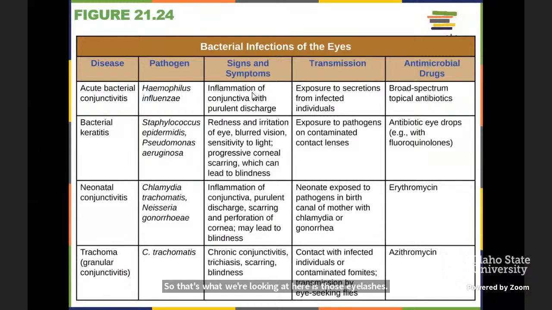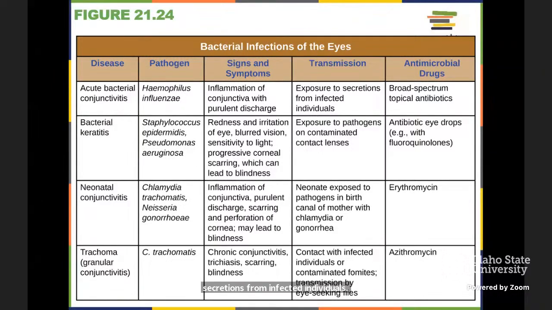Disturbing. So Haemophilus, like I said, Haemophilus influenzae, we think of with our bacterial conjunctivitis and the purulent discharge, all right? It is contagious. We think about exposure from the secretions from infected individuals being shared.